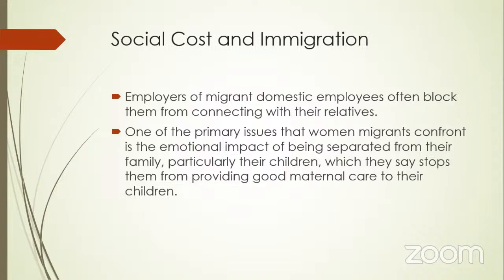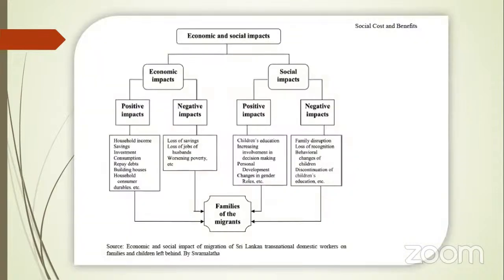So I have a couple of case studies. There was this flow diagram that I picked up, on social cost and benefit. On one side we have economic impact, and on the other side, social impacts. Every impact has both positive and negative sides. For example, on the positive side, economic: household income, savings, etcetera.